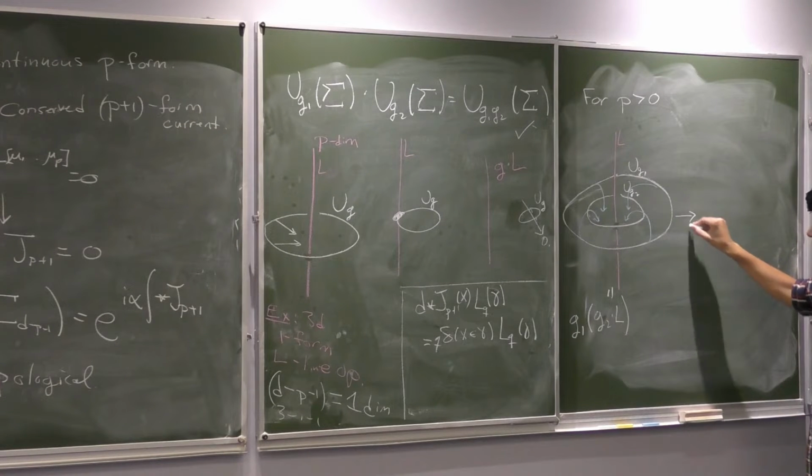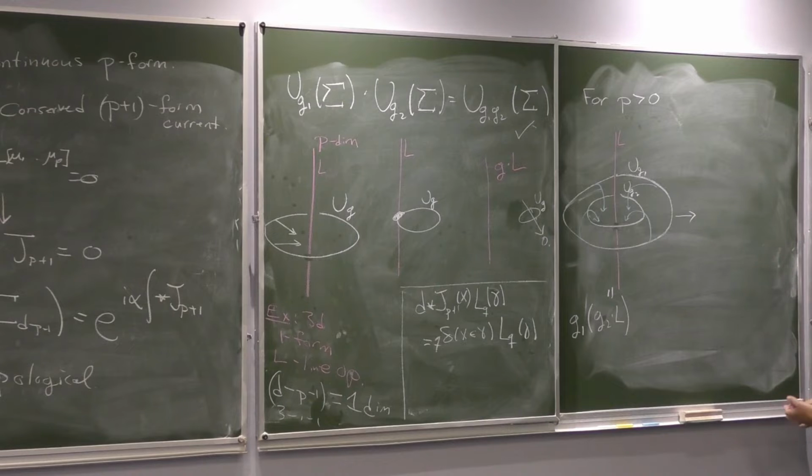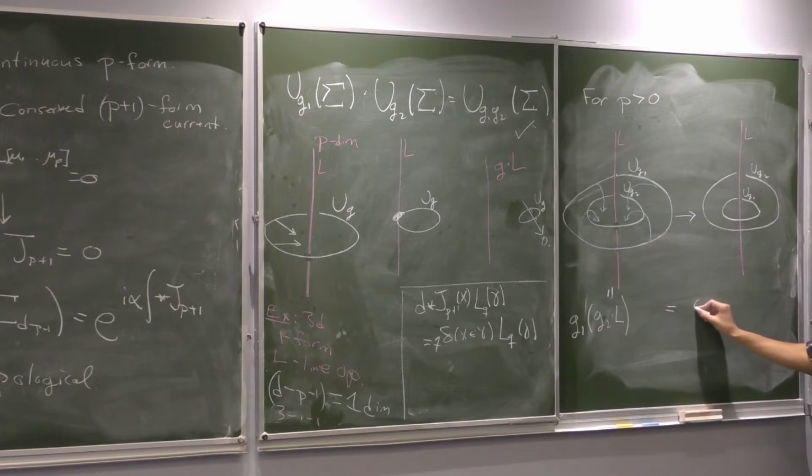So if you do this transformation, then the picture will look like you've changed the ordering and nothing else. So it'll be like U_G1, U_G2. And so you would say that this is equal to G2 dot G1 L.